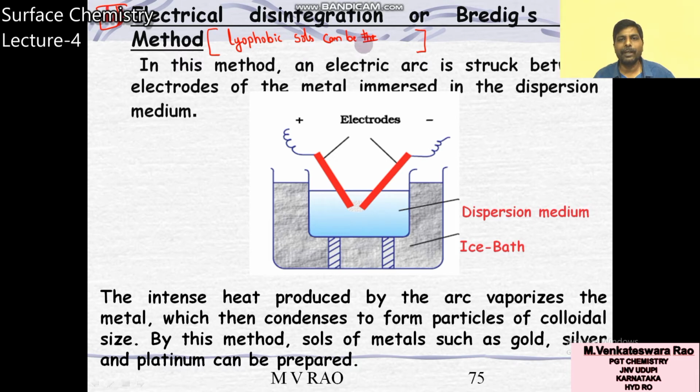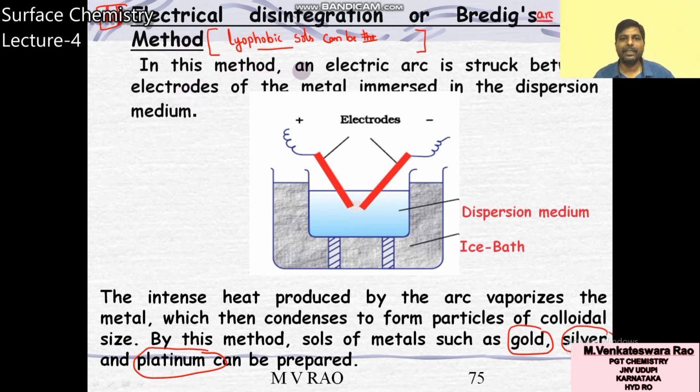So it is one of the special methods, Bredig's arc method. It is used to prepare lyophobic sols like gold sol. You can see here gold sol, silver sol, platinum sol. These are lyophobic sols. These types of lyophobic sols can be prepared by Bredig's arc method.